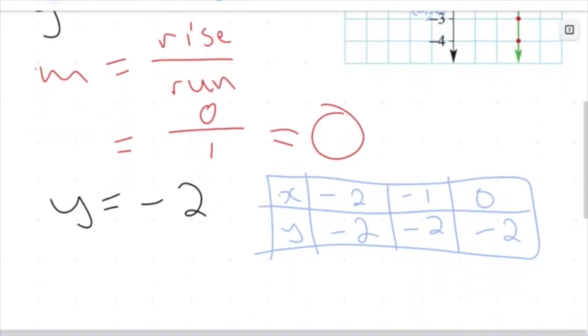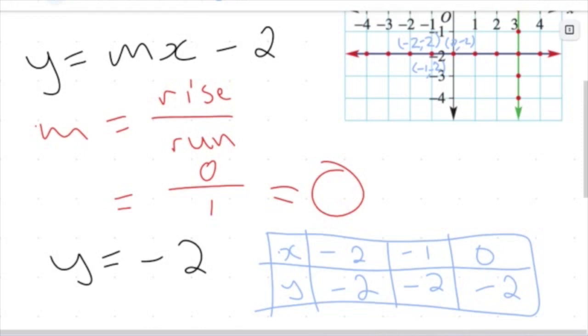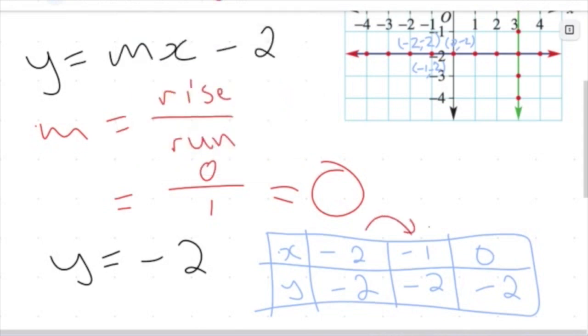So you can kind of see here, hopefully, that my y has no relationship to x. Because as x changes, y doesn't change. Y is independent of x.